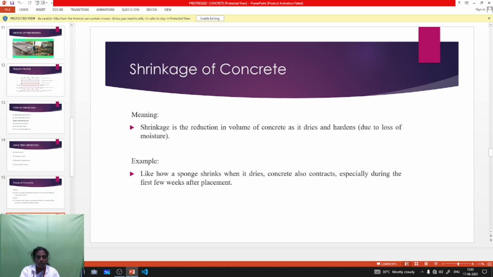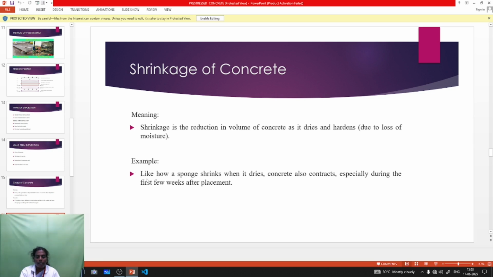Okay. Next one, shrinkage. Shrinkage is also long term deflection. Shrinkage is the reduction or decrease in the volume of the concrete due to loss of moisture. So when the concrete gets low moisture content, shrinkage occurs on the beam. Shrinkage is the reduction in volume of concrete as it dries, due to loss of moisture.